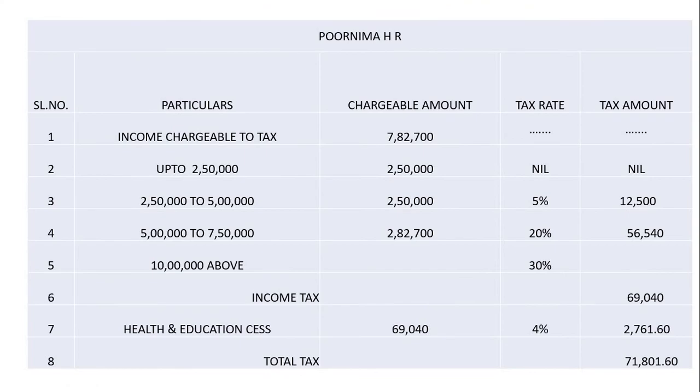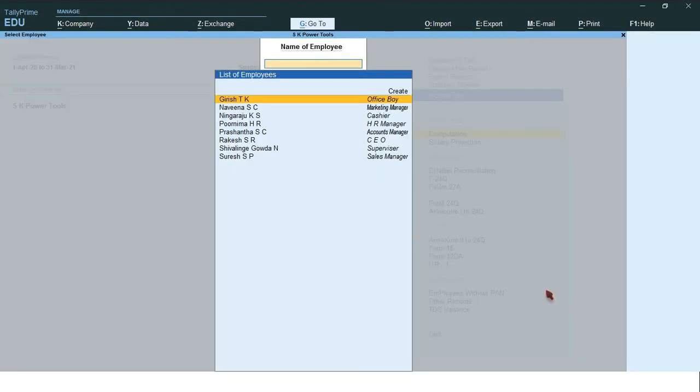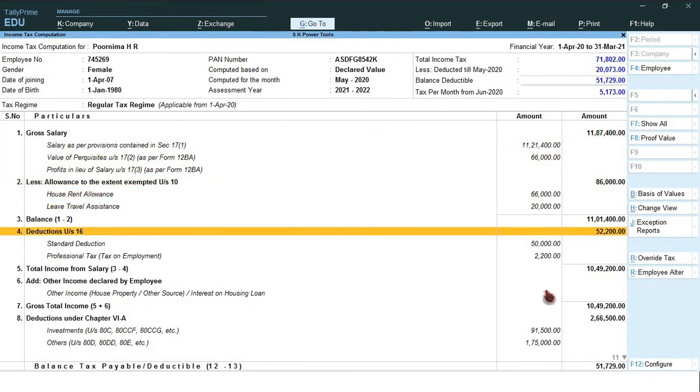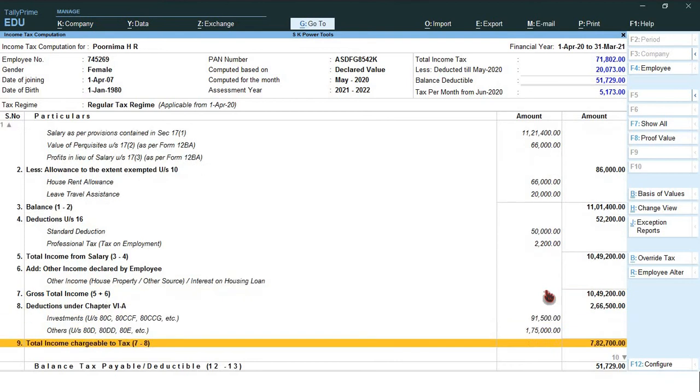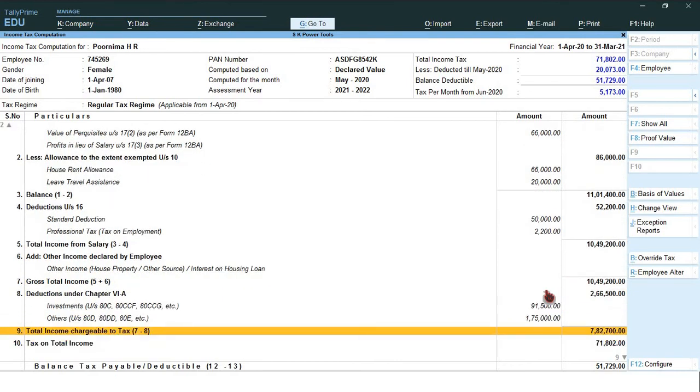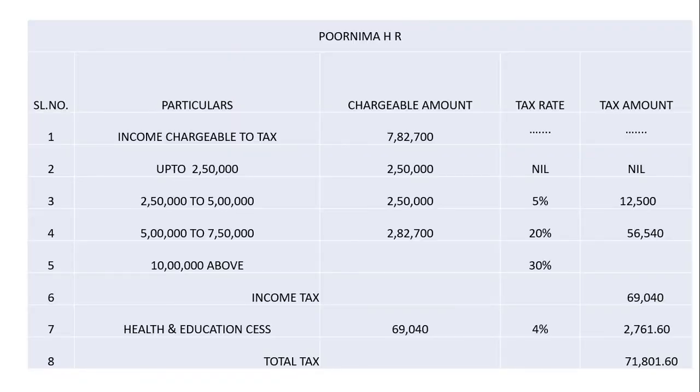So next, Purnima HR. Go to Purnima HR. So check the chargeable income, taxable income: 7,82,700. 7,82,700 up to 5 lakh nil. 2 lakh 50 to 5 lakh, the difference is 2,50,000. 2,50,000 into 5 is 12,500.